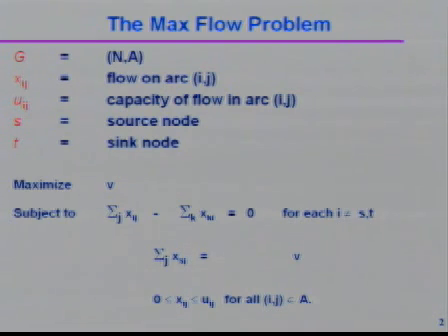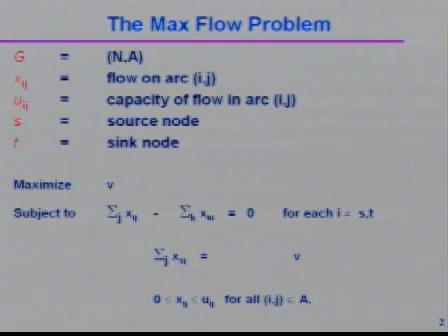Okay, so this is the amount that leaves node i equals the total amount that enters node i. Now obviously this must be true for every node i other than the source or the sink. Okay? And of course the total amount that leaves the source has to be V, and you'd like to maximize this value. Okay? And these are the capacity constraints that all the flow values obey the capacities on the arcs.